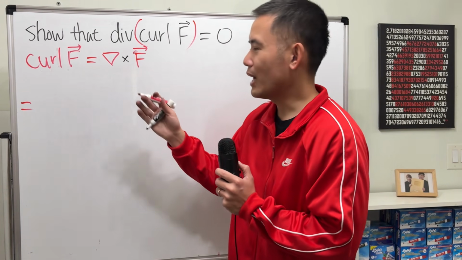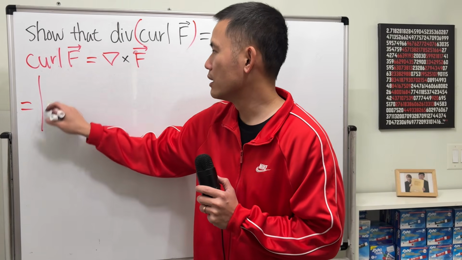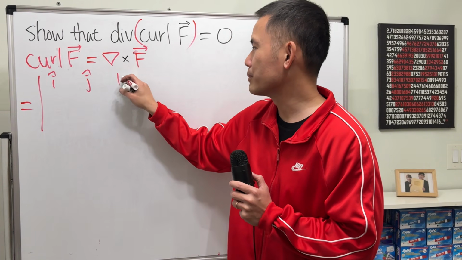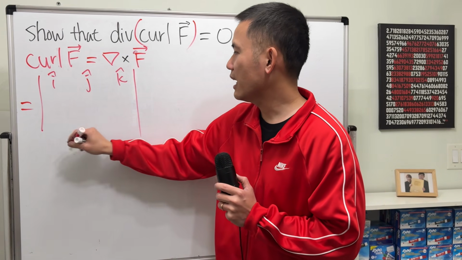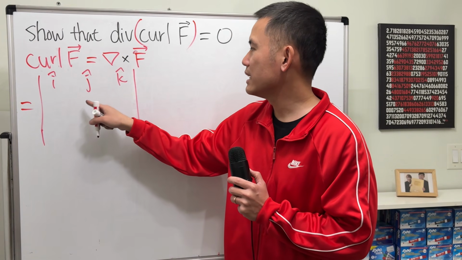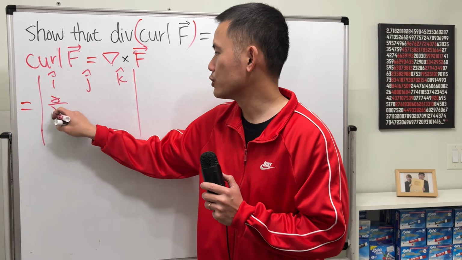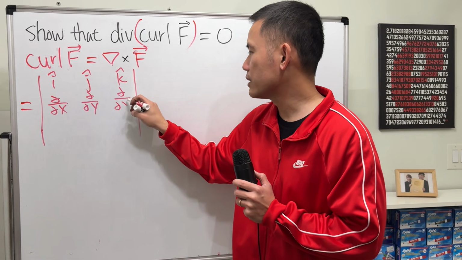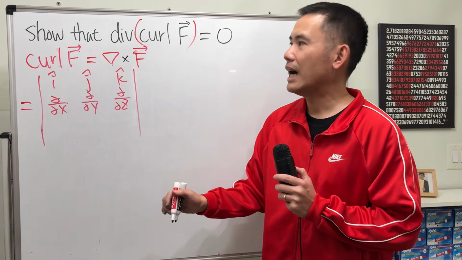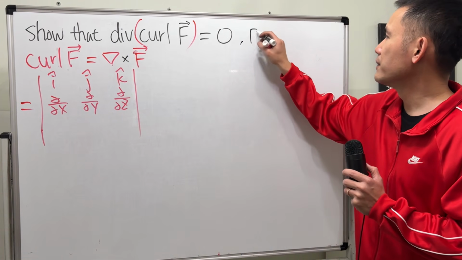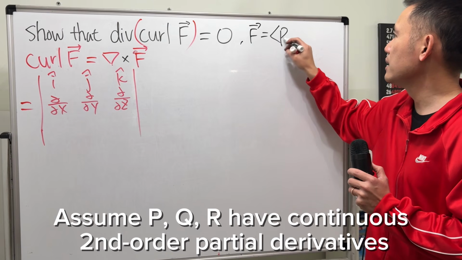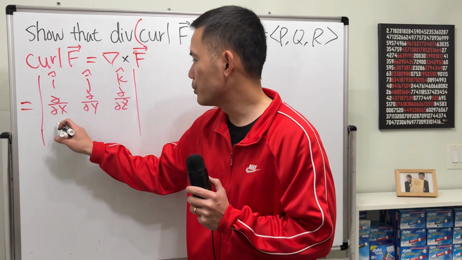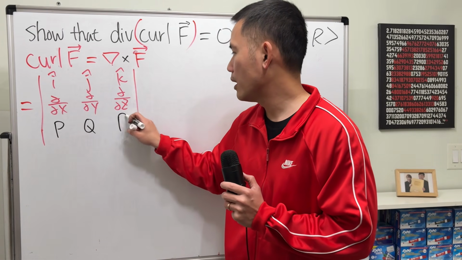It's up to you whether you want to remember it. In this case, I'm going to write partial with respect to x, partial with respect to y. Remember, these are the operators. And for the f, I'm just going to write it as P, Q, R.